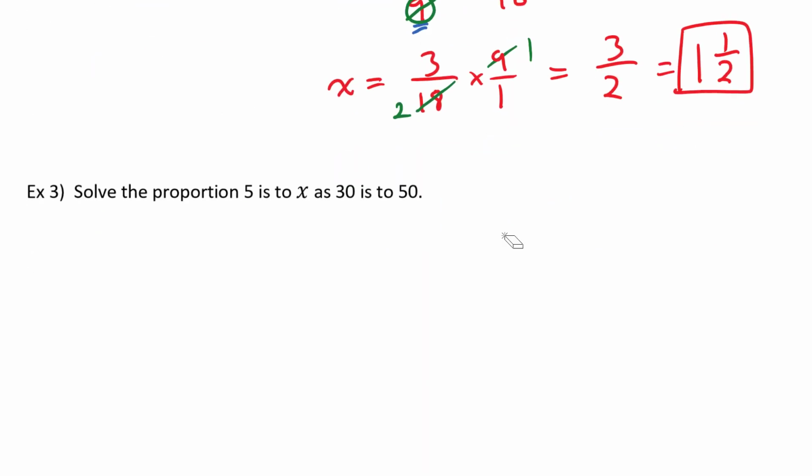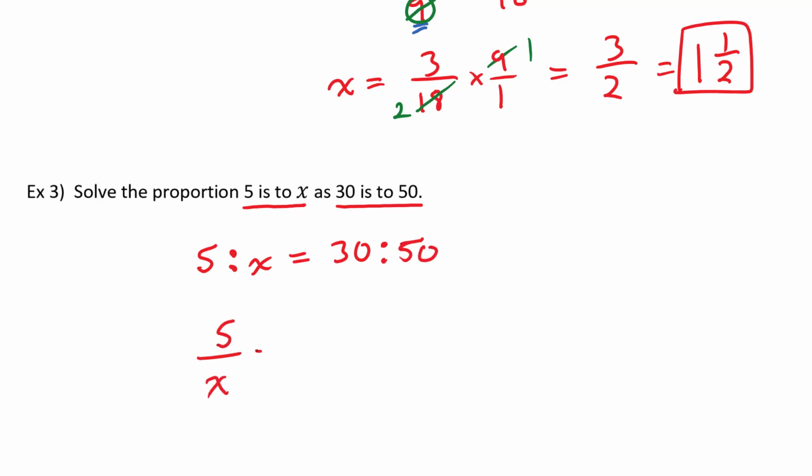Let's solve this proportionality statement, solving for x. 5 is to x as 30 is to 50. Let's set that up as a fraction. 5 over x is equal to 30 over 50. Now you can see this is a bit different compared to what we had from before. In this case, x is in the denominator.